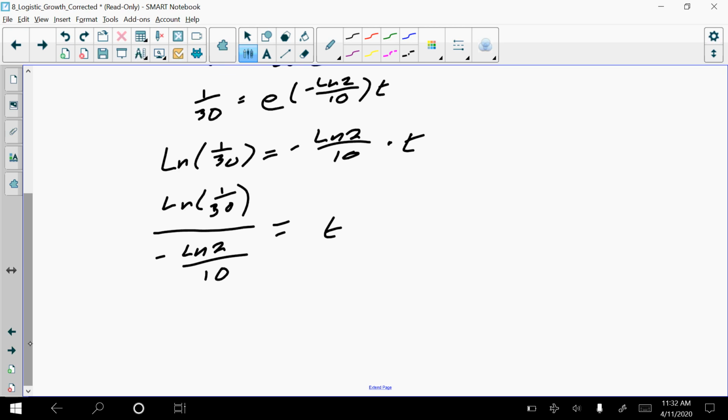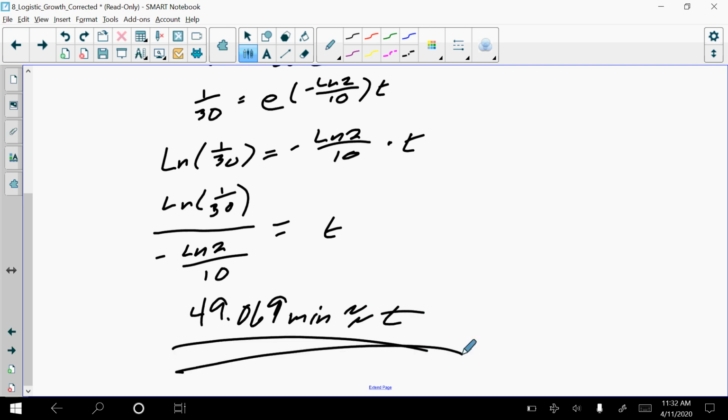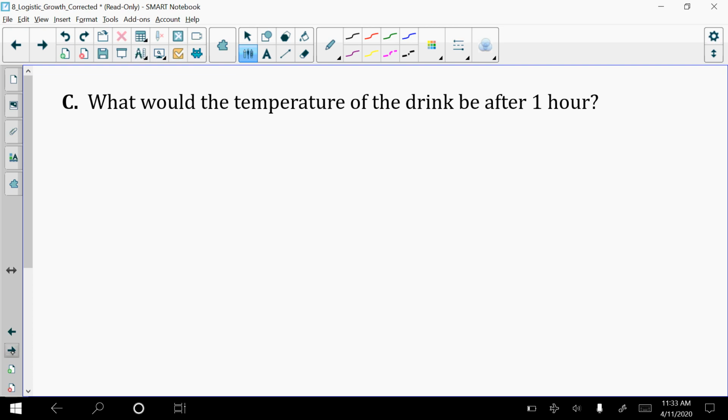When you type that in, you're going to get 49.0699 minutes for the approximate time for the drink to rise to a temperature of 63 degrees. And the last thing it's asking you to look at is what the temperature of the drink would be after 1 hour.